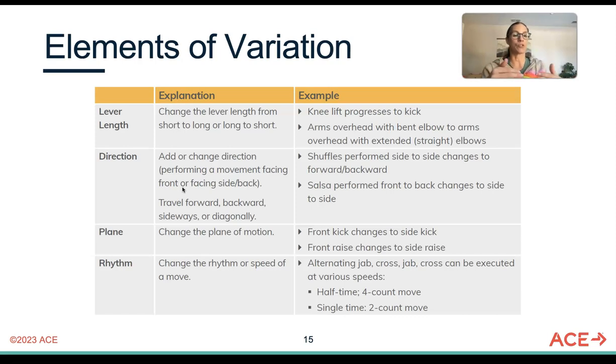Then I can start to travel and move forward with the uppercut 4 times and move back with the uppercut. Or I'm shuffling side to side, and that changes to shuffling forward and back. If you're doing more of a dance-based class like Zumba, you could change front to back to side. So there are a lot of different ways you can change the direction people are facing to change the routine.